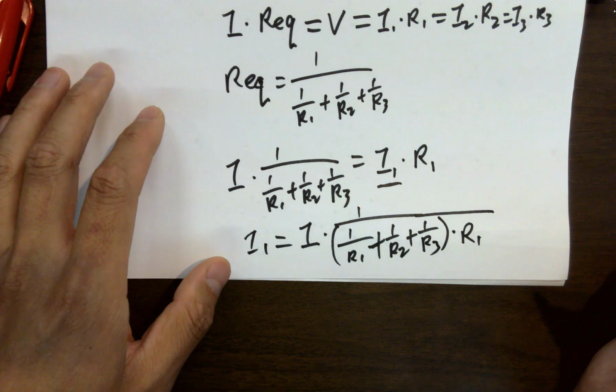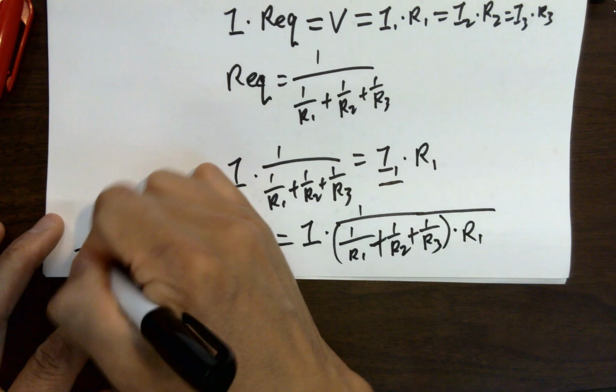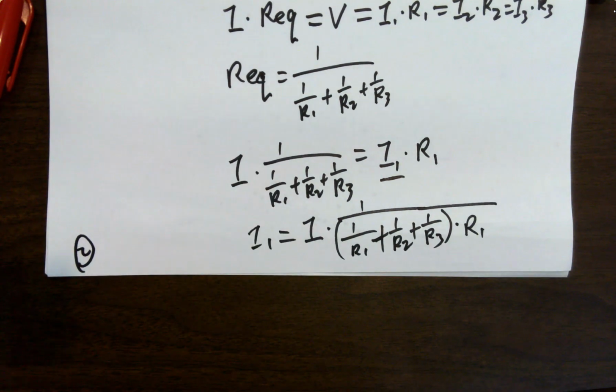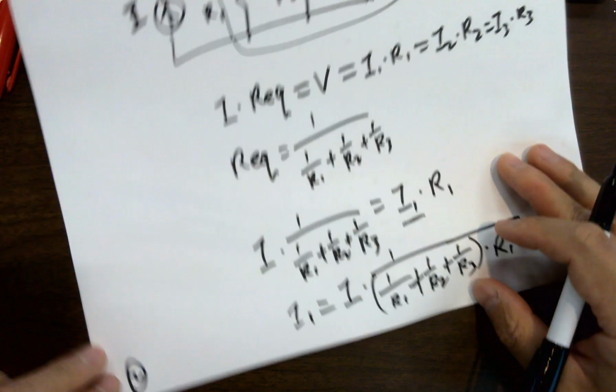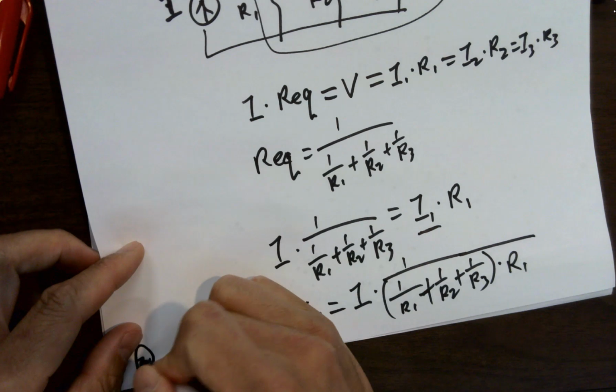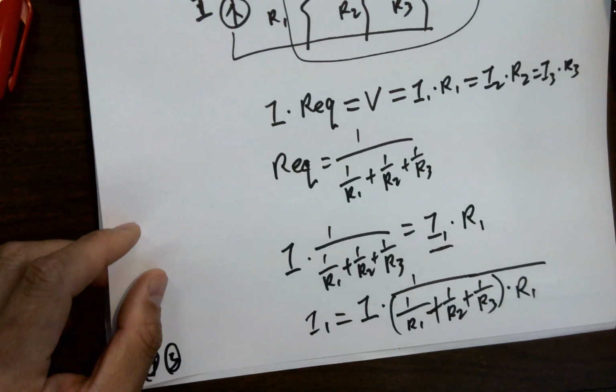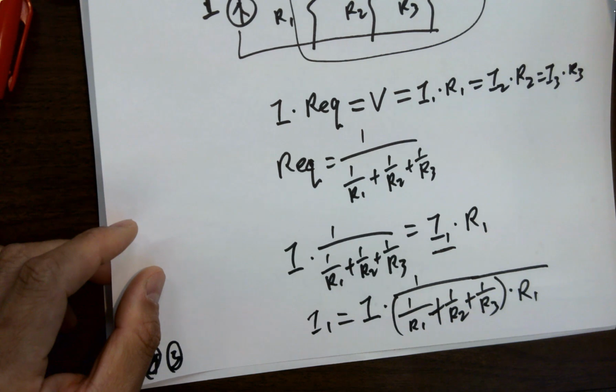Right? Any questions on this? So this solves a bunch of problems from the tutorial, I believe. It's page 3. All right. Any questions before we move forward? Good? Okay.